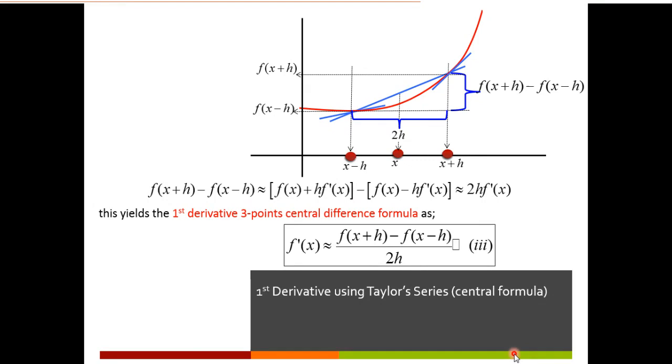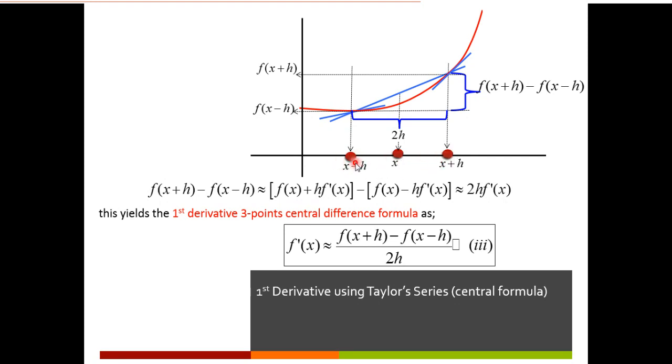Okay, and if you are using the first derivative 3-point central formula, meaning that you don't have the data for your central value, but you definitely have the data at the front, to the right of your value, represented by x plus h, and also the data at the left-hand side, which is x minus h.